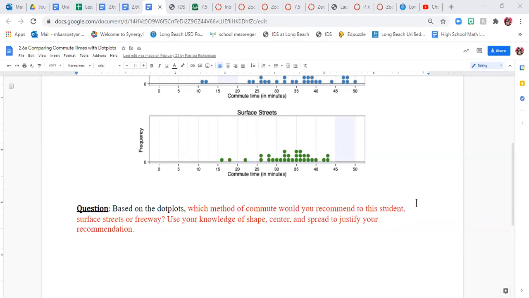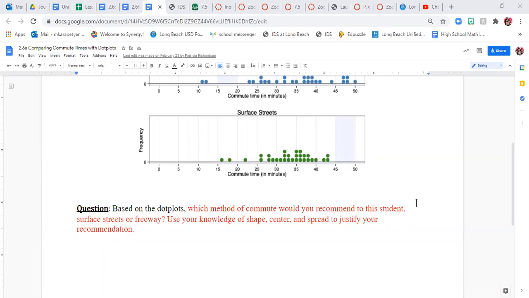It does not matter. Oh, streets have red lights. Freeway doesn't. That doesn't matter. That's side data, or not even data. That's side information. That's side opinion. The only justification that you should have here is the shape, the center, and the spread. So the maximum time it takes to travel on a freeway was this.